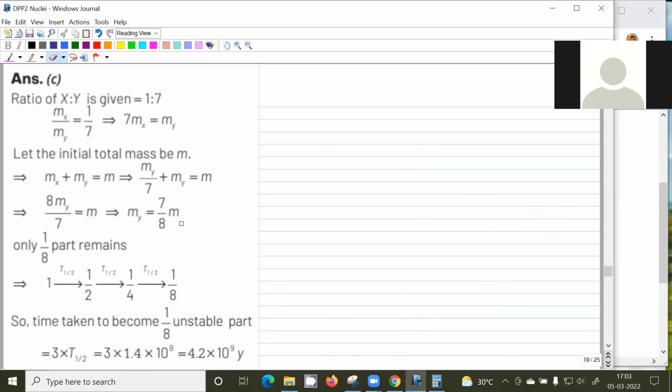Sorry, my is the converted thing. No, my is the stable part. So mx is 1/8, right? Yes.